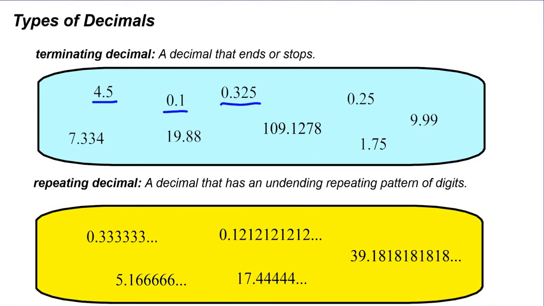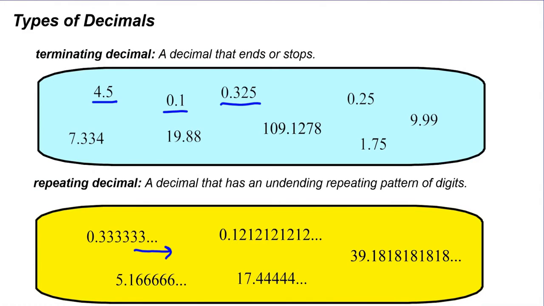The other type of decimal is a repeating decimal. And a repeating decimal is a decimal that has an unending repeating pattern of digits. So if our decimal number keeps on going on forever into infinity, then that's a repeating decimal. So here we can see examples of those types of numbers. Here we have 0.3333333333, and this pattern would continue on and on forever, unending. So this is repeating, not terminating.